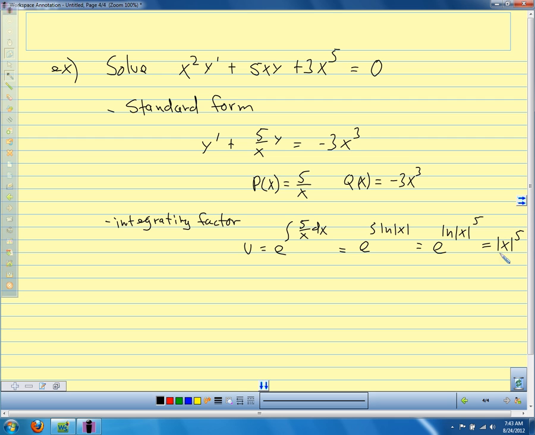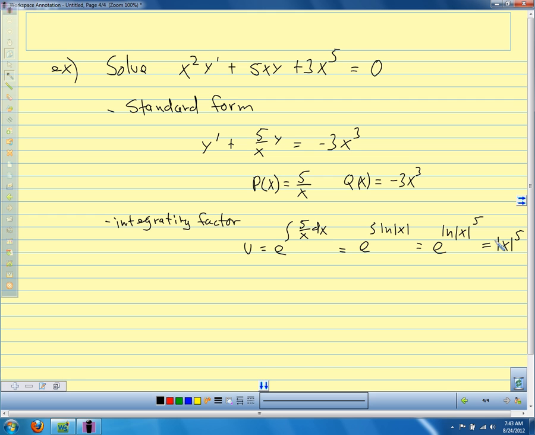If x is positive, x to the fifth equals the absolute value of x to the fifth, right? If x is negative, then x to the fifth is negative. I'm not looking at the absolute value. I'm multiplying every term in the equation by a negative quantity. So everywhere I have a minus sign, I have a plus sign.